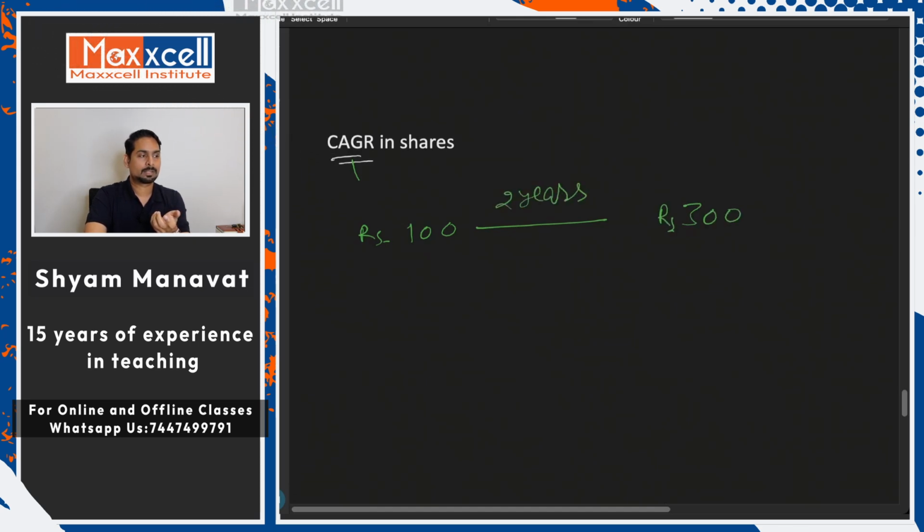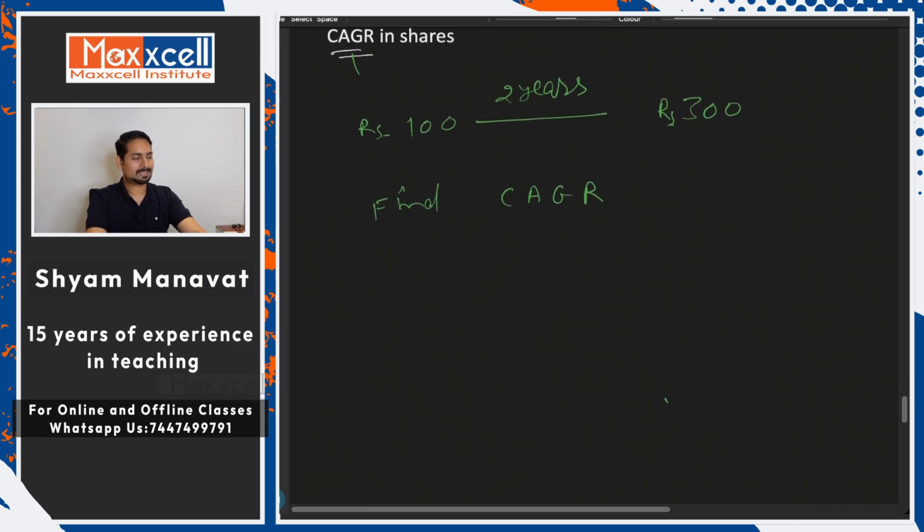Now the question is, find the CAGR, the compounded annual growth rate. The growth rate will be in percentage form. So how do you do that? You will say, sir, this is happening within 2 years, and if I want to calculate for annual, A stands for what?